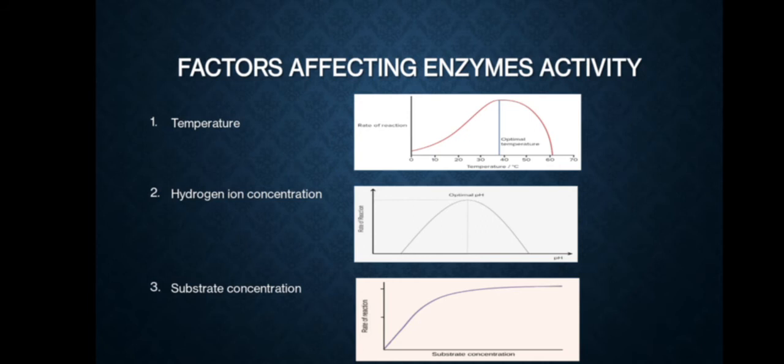However, after a certain concentration, further increase in substrate concentration has no effect on the rate of reaction. Substrate concentration is no longer the limiting factor; at this stage enzyme molecules become saturated and work at their maximum possible rate.